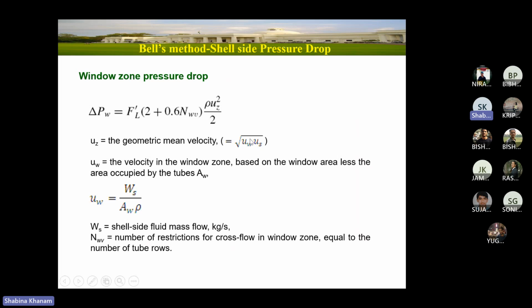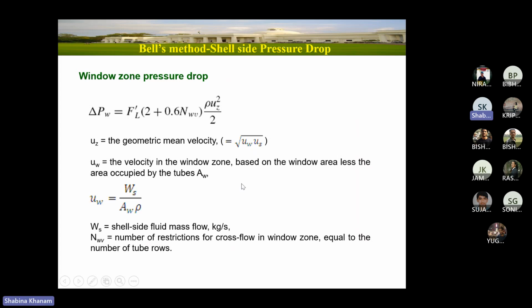So here I am having the velocity in the window zone and the velocity in the cross flow zone. US you have already calculated considering AS as in Kern's method. But UW you need to find over here, that is the velocity in the window zone.